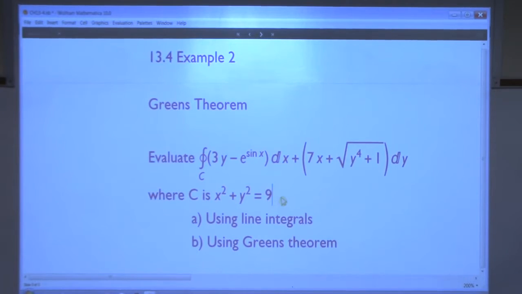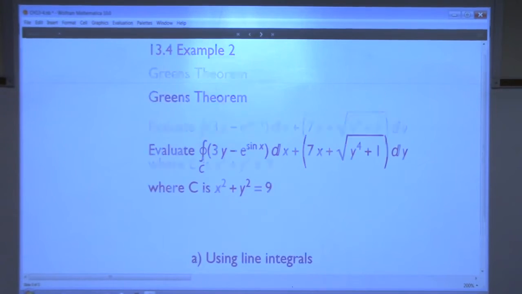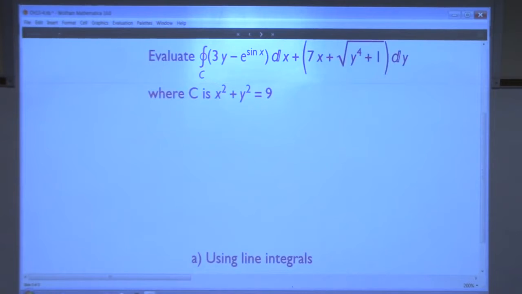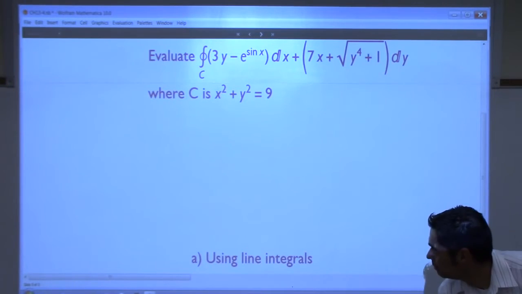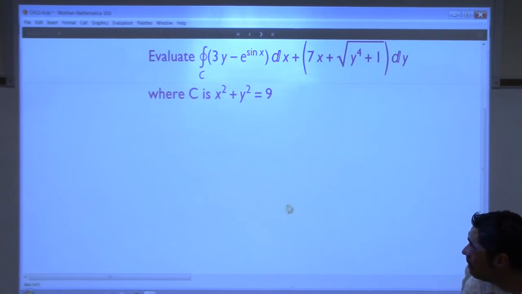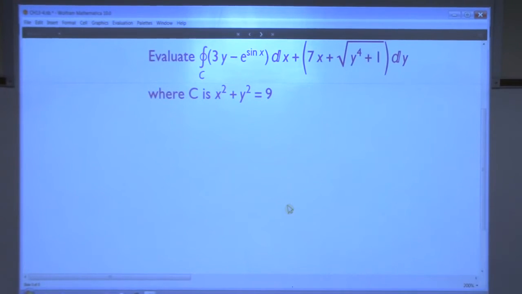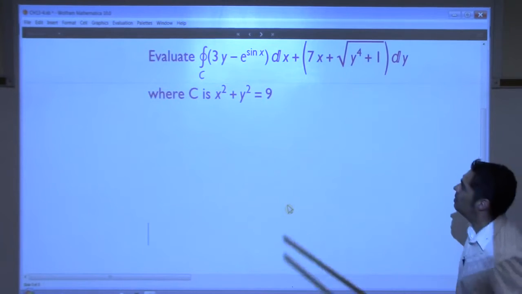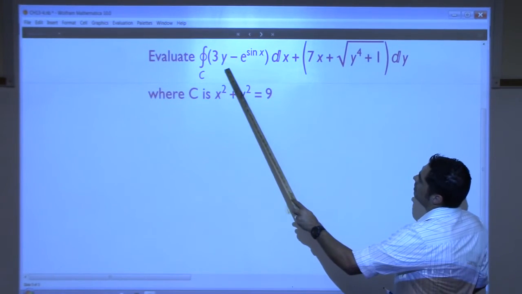Here's another one. All right, so here we go. We've got to evaluate this line integral, positively oriented curve C. Here it is. Oh my goodness.